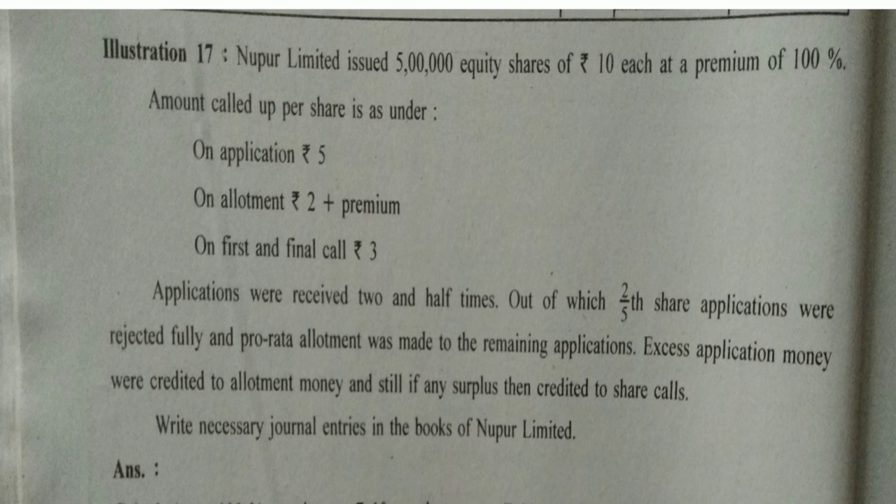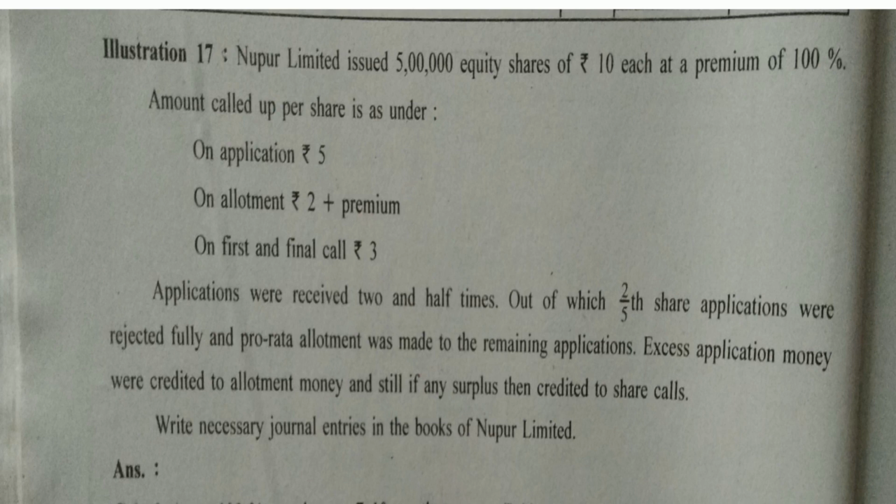Applications were received 2.5 times, out of which 2/5 share applications were rejected fully and pro rata allotment was made to the remaining applications. Excess application money was credited to allotment money and still, if any surplus, then credited to share calls. Write necessary journal entries in the books of Nupur Limited.